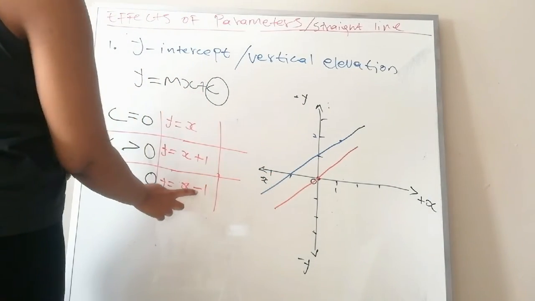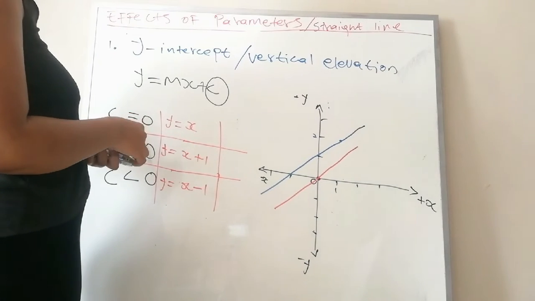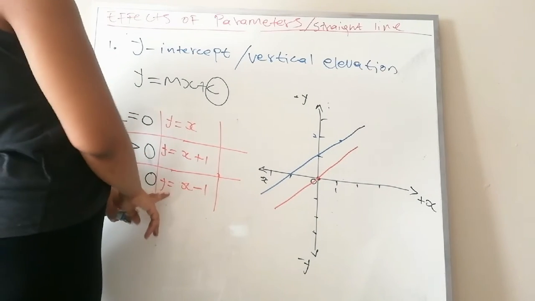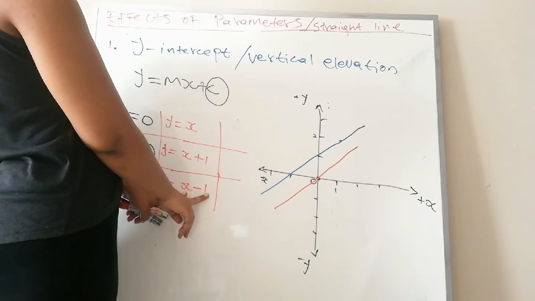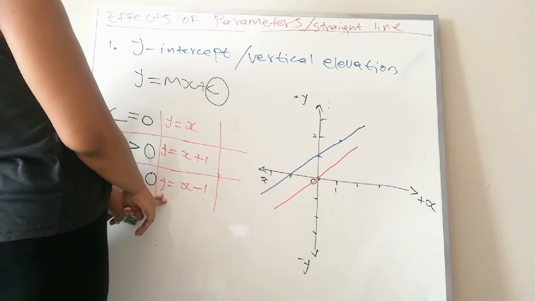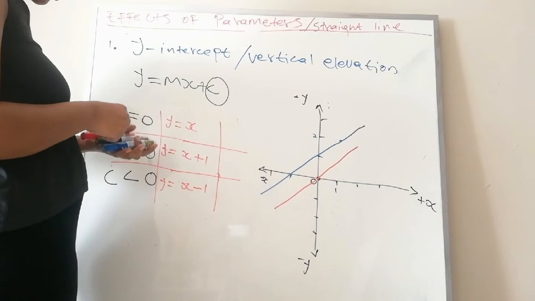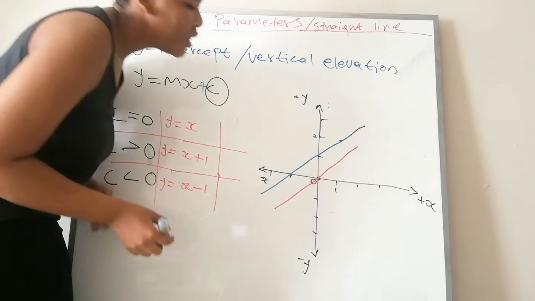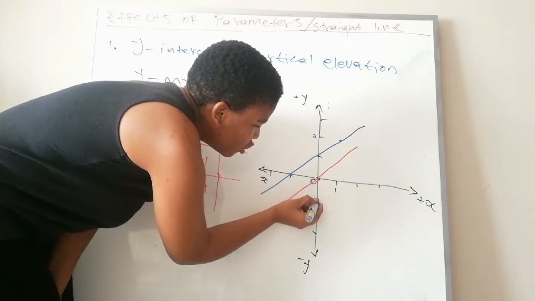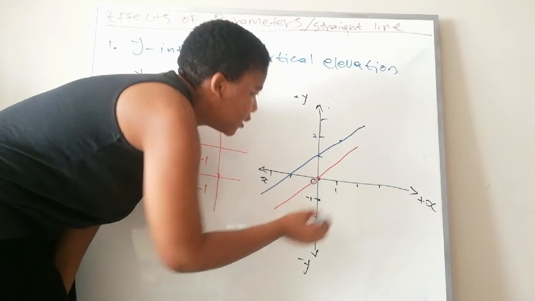And we're going to have this function where we have a minus 1. A minus 1 means from your x coordinate, you minus 1 unit, then you can get your y coordinate. Let me use a black marker. That means that function cuts your y here, at negative 1.